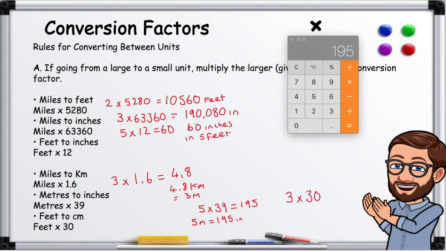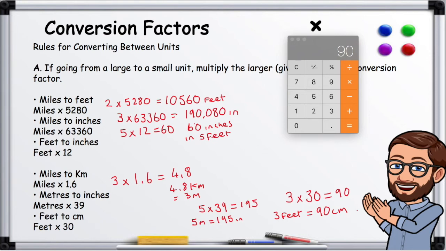Some of you won't need a calculator for this, but some would. So clear it off. 3 times 30 equals 90. So we know that 3 feet equals 90 centimetres.